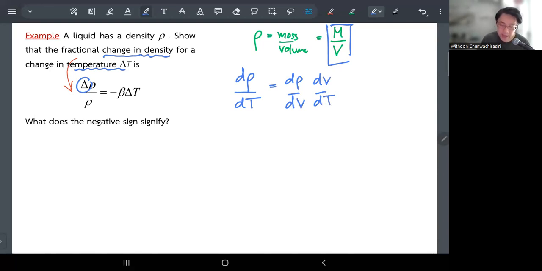With this, you can manipulate these derivatives, or you can do exactly the same thing by talking about the differential change. Loosely speaking, mathematicians don't like this kind of thing, so you just get rid of dT. Don't do this at home, but it's always true anyway.